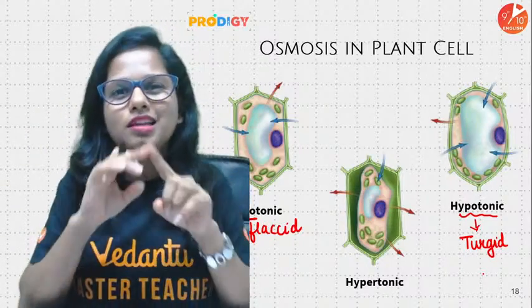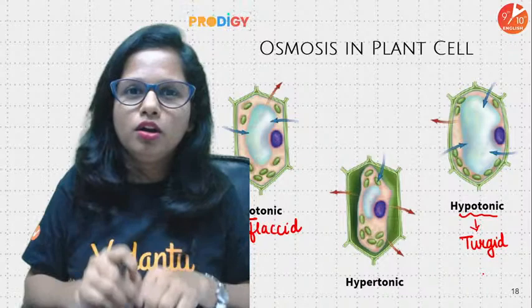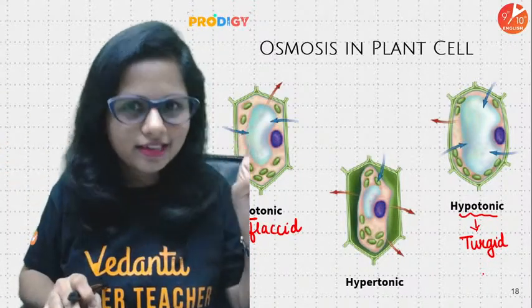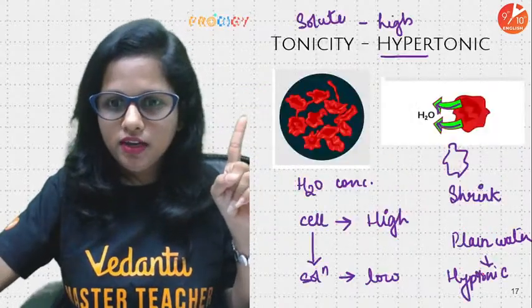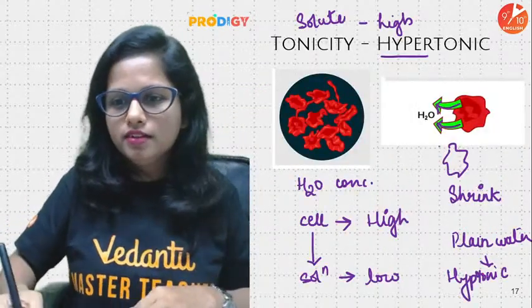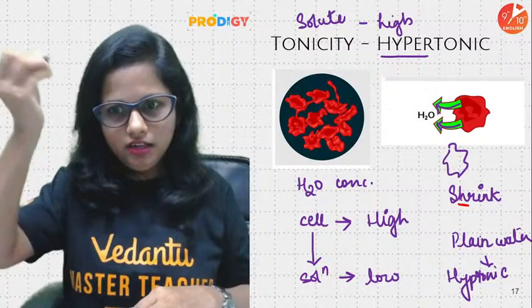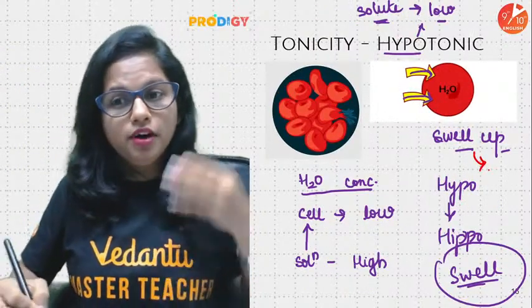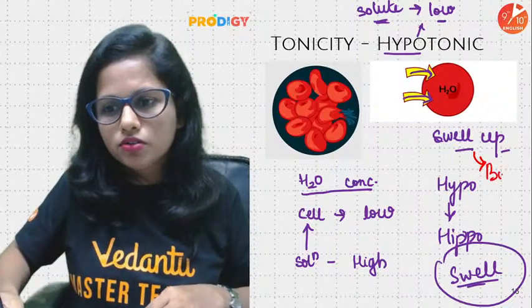An animal cell is like a balloon. If you add a little water, it will swell. If you add too much water, it will burst. RBCs burst. They will shrink in hypertonic solution, and in hypotonic solution they will first swell, and if placed further, they will burst.